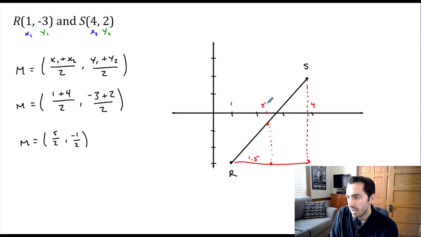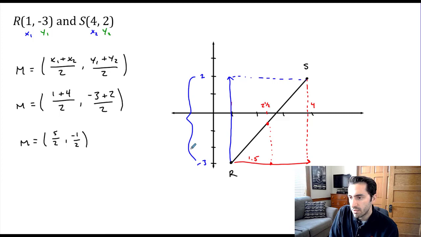This is 2.5. And then if I think about the y values, so how far do I need to go to get from R to go up to S? So if I go this way, so here I'm going from -3, and I need to go up to +2. So that difference, this is a difference of 5 units.